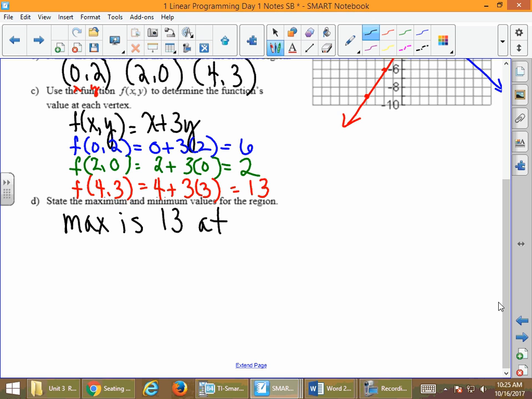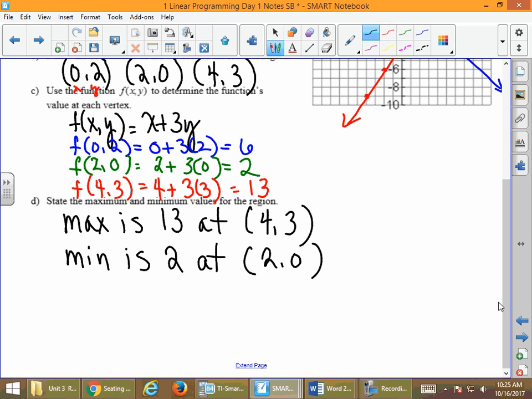And we get that from the point 4, 3. We put 4 back in for x, we put 3 back in for y. The minimum value is the smallest value between 6 and 2 and 13. And our minimum then is going to be 2. And that happens at the ordered pair 2, 0.